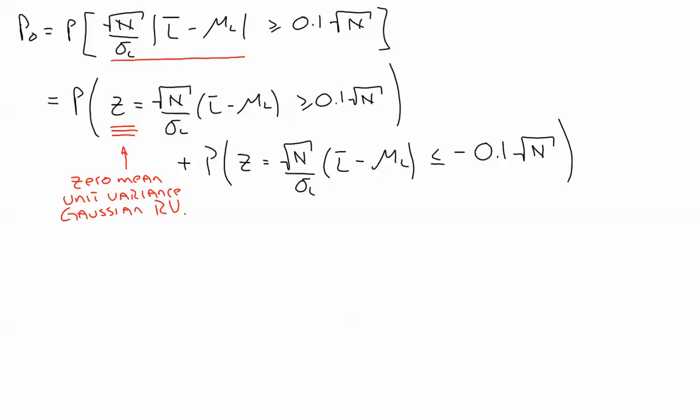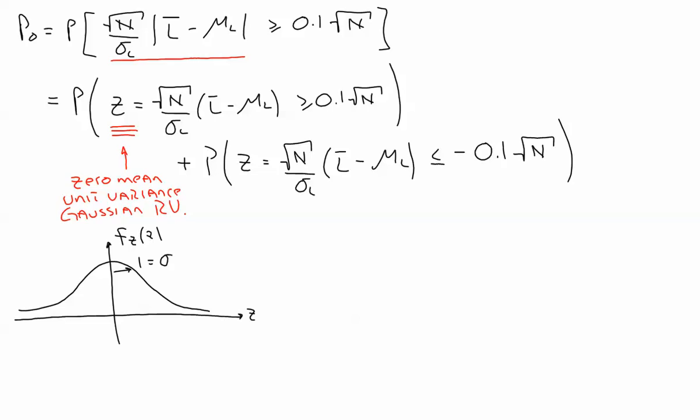In particular, the PDF looks something like that. The standard deviation for Z is 1. All right.